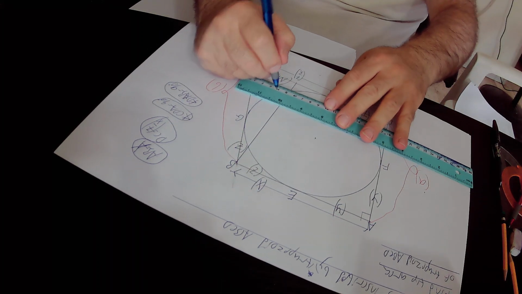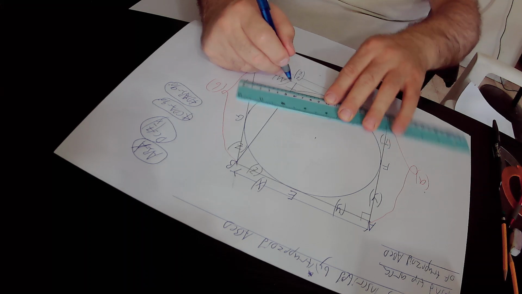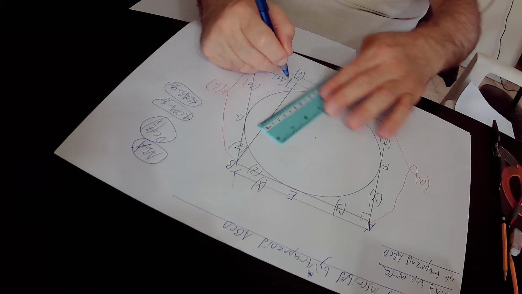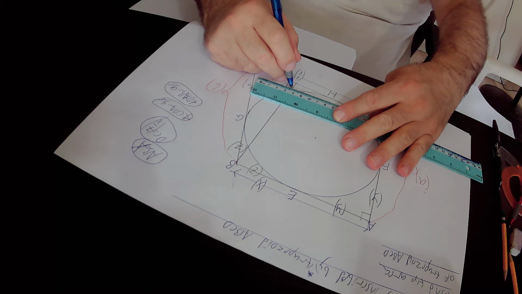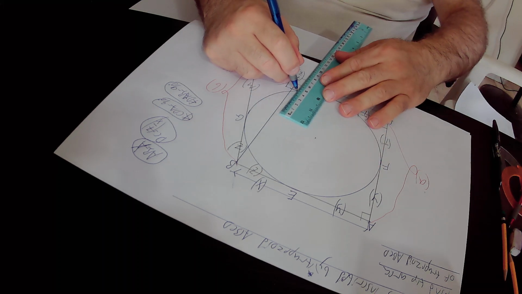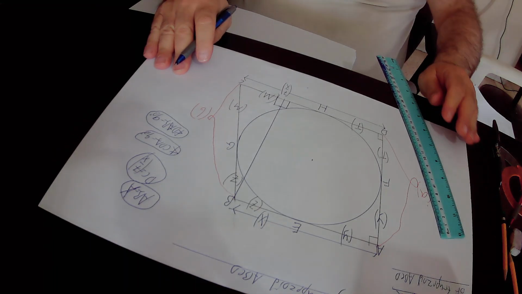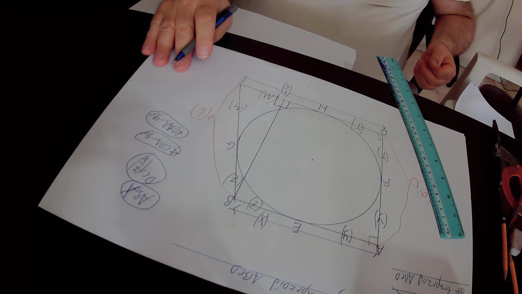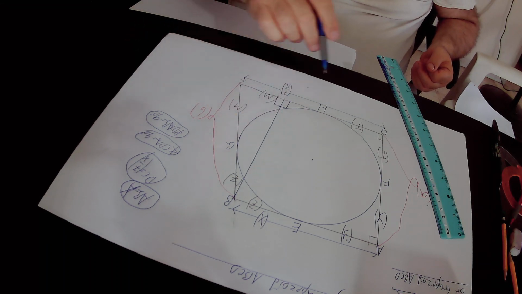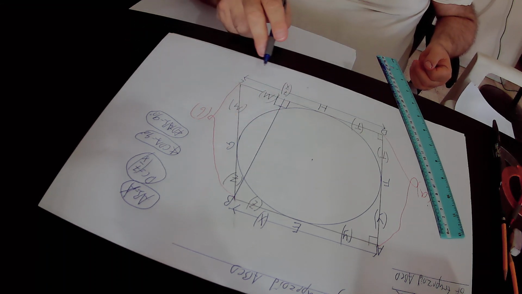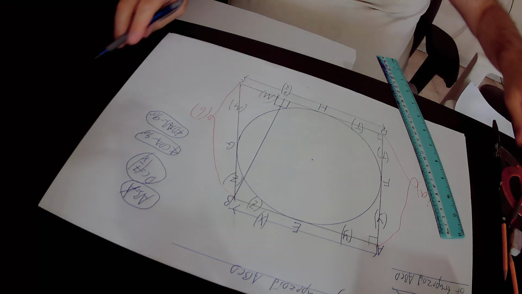So actually, this angle equals 90 degrees, and this angle also equals 90 degrees according to our construction. We will define the touching point of the perpendicular from point B on DC. This point is point S.